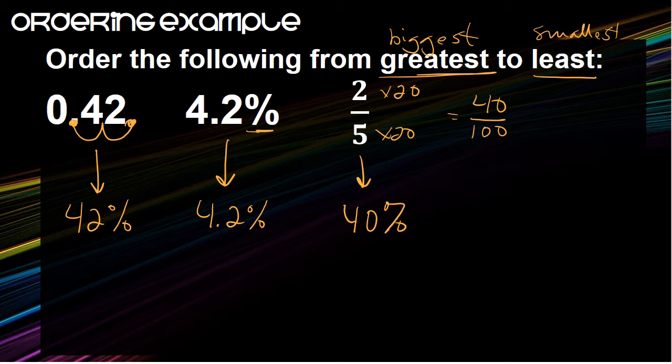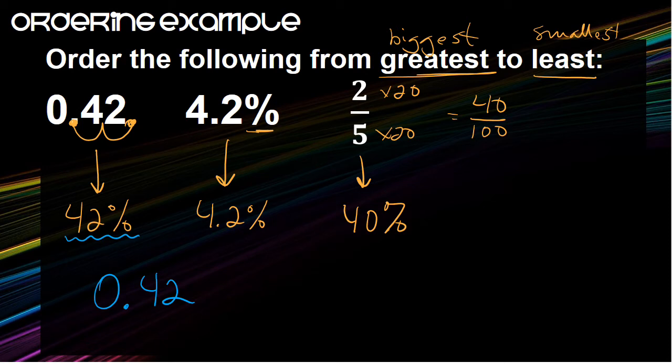So now my next step is I'm going to order these from greatest to least here. And so first thing is, which one's my biggest percent? So I see that 42% is my largest. So I'm going to rewrite that into the original format, which is 0 and 42 hundredths.